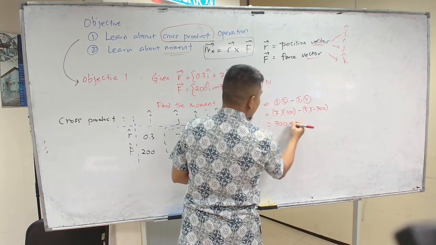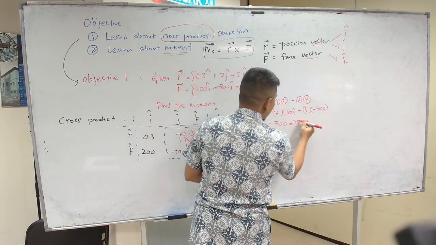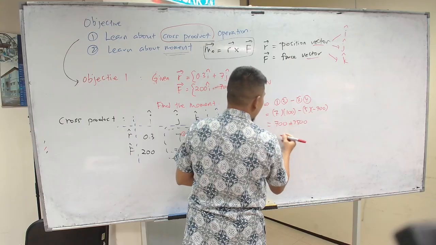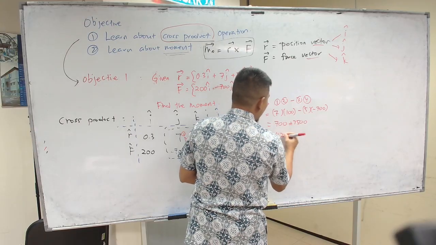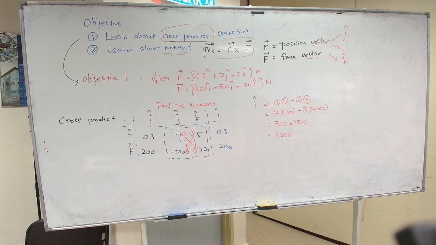So 700 plus 3,500 equals 4200. Okay. This is how you solve the formula.